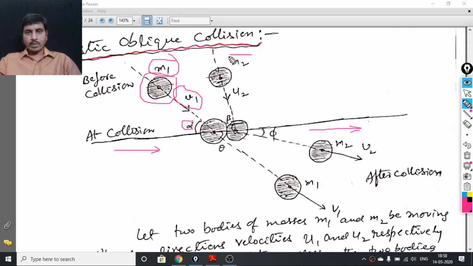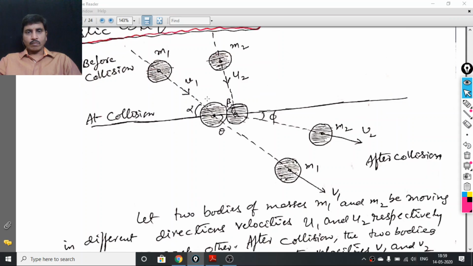The second particle of mass m2 is moving with velocity u2, making an angle beta with the collision axis. After collision, the first particle is moving with velocity v1, making an angle theta with the collision axis, and the second particle of mass m2 is moving with velocity v2, making an angle phi with the collision axis.